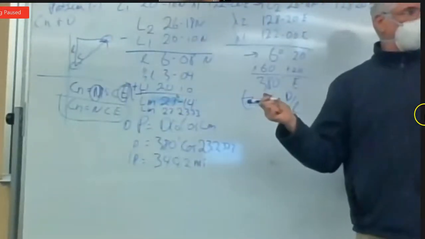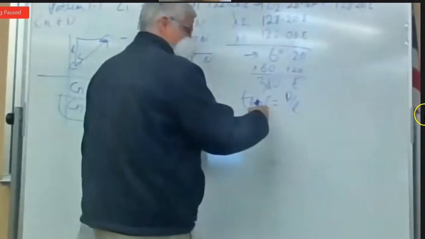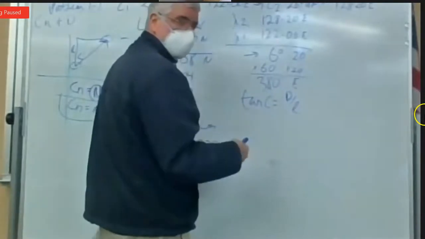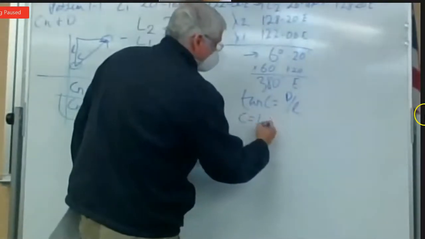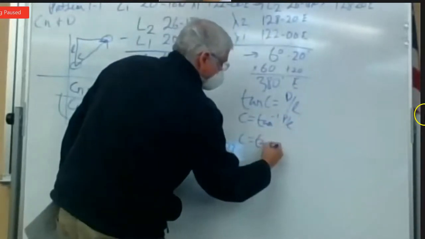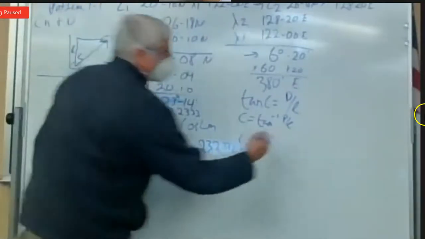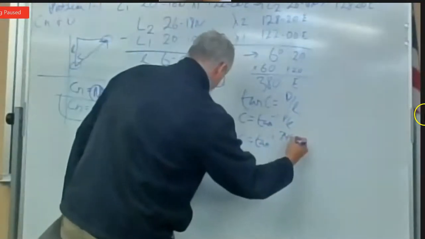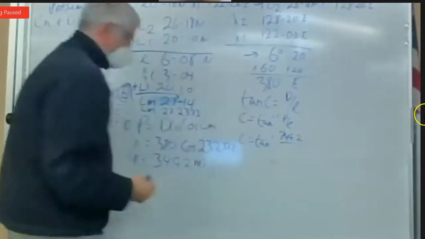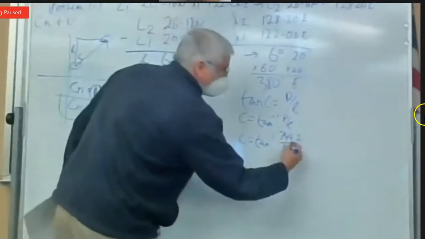So now I'm doing tan C equals P over L, but I have to rearrange this formula. Rebecca, how am I going to rearrange it? I want to solve for C, but I have to get the tan on the other side. So C equals tan to the minus 1 of P over, what, L? I have to put in 184 here.